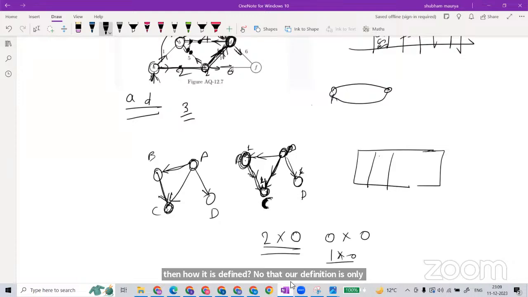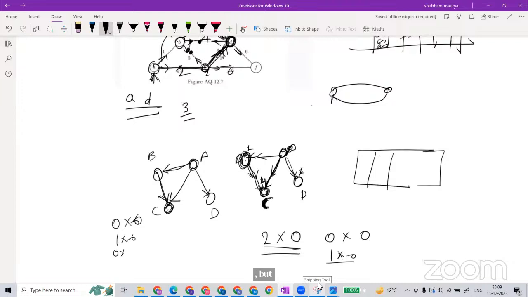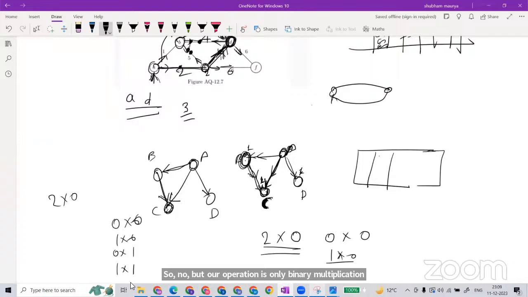I'm not sure. I think it's simply multiplication of matrix. But our operation is only binary multiplication: 1 times 0, 0 times 1, and 1 times 1. If it is 0 times 0, it means it is a normal multiplication.